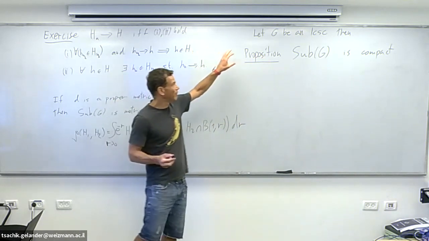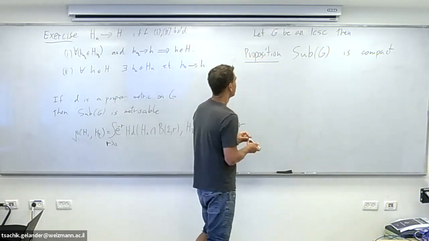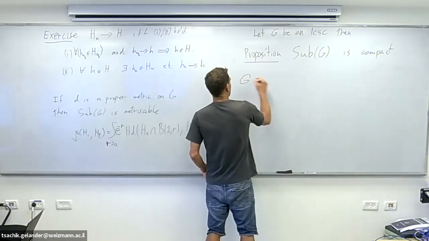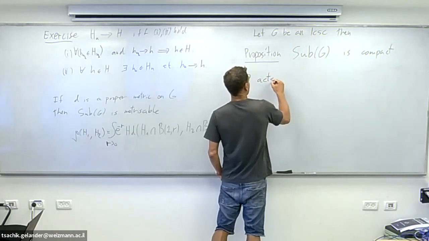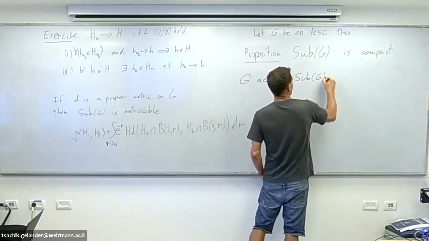Instead, we will consider probability measures on the space. G acts on the space by conjugation.